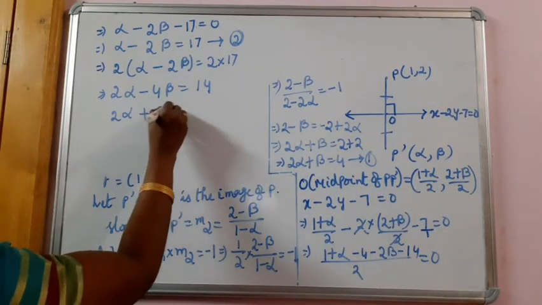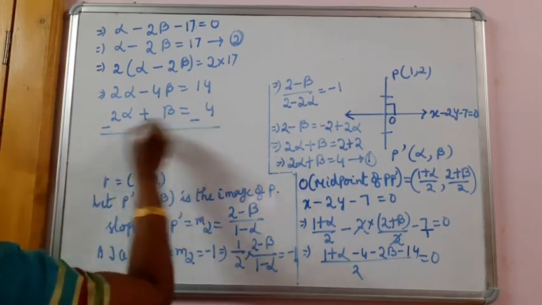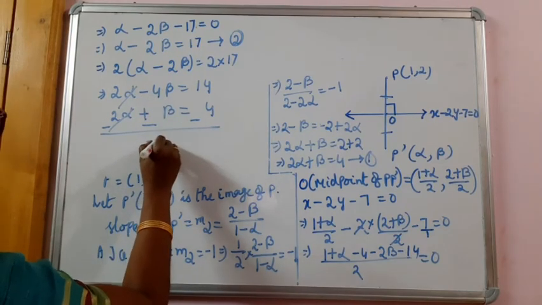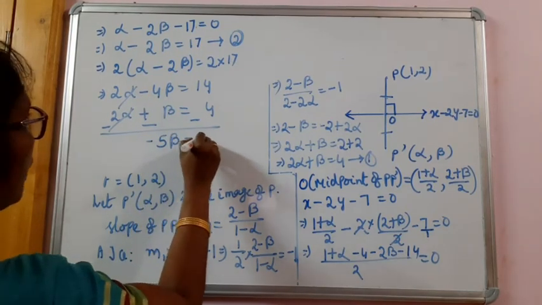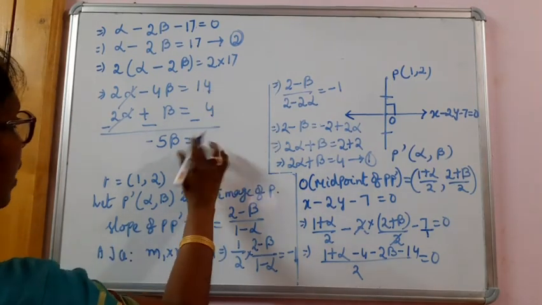2 alpha plus beta is equal to 4. Let us subtract these. 2 alpha minus 2 alpha cancel. Minus 4 beta minus beta is minus 5 beta, equal to 4 minus 34, that is minus 30.